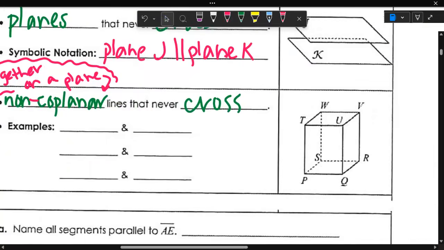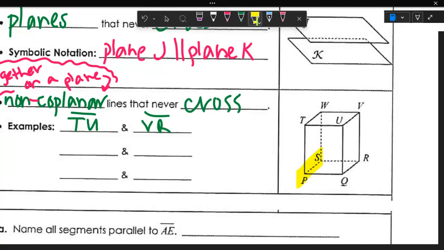So let's look at our example to the right. Some examples of skew lines could be, let's start with TU. What line would be not on the same plane, not cross TU, and not parallel to TU? We could say VR. What about SP?